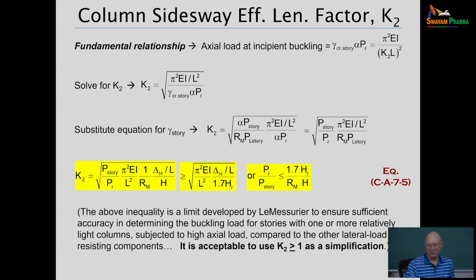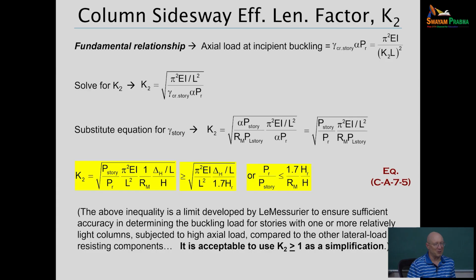And so what Lemessurier did is he did a whole bunch of parametric studies and then came up with an inequality to restrict how low your K2 value for a really lightweight column can be. Now, many engineers will simply say, oh, it's a sway frame, just design everything at no less than K equals 1. And I find that to be an acceptable approximation.